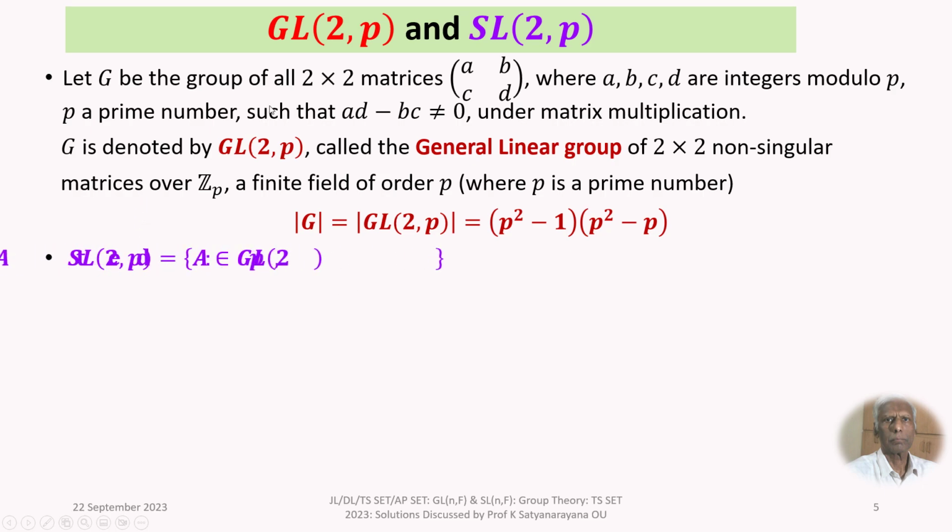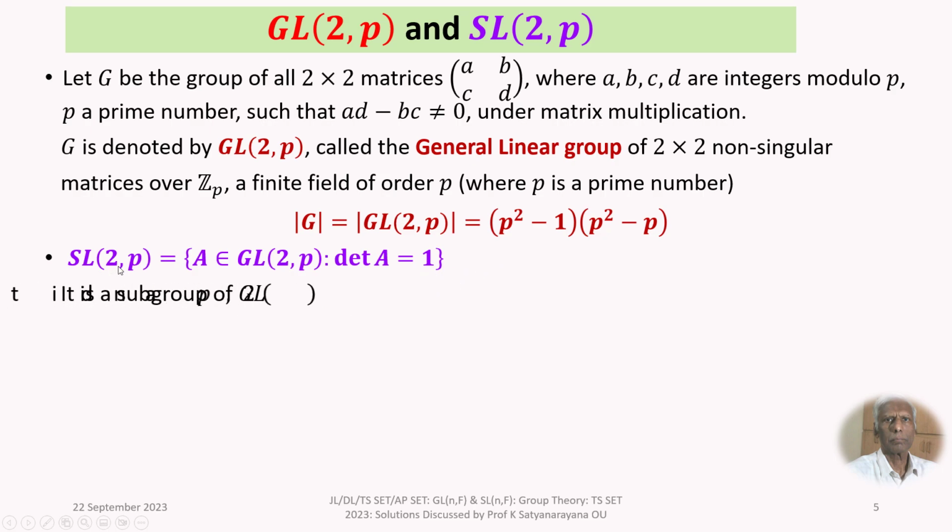Now we have another concept called SL2(Zp). SL2(Zp) is the set of all those matrices A belonging to GL2(Zp), that means the above general linear group, whose determinant is 1. So the set of all A in GL2(Zp) such that the determinant of A is equal to 1.